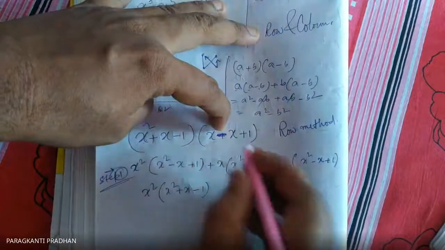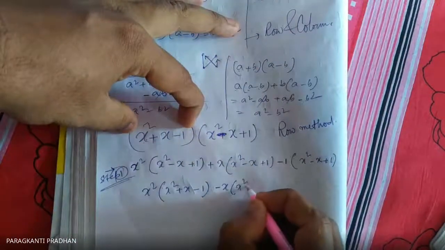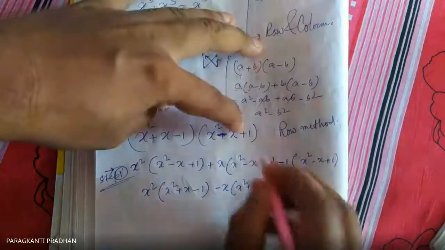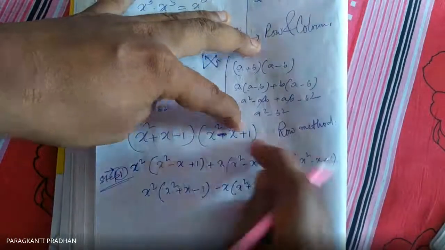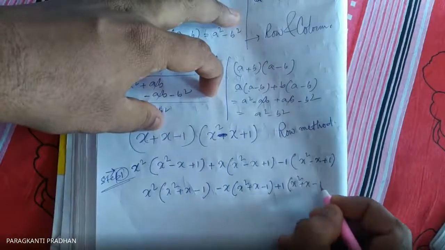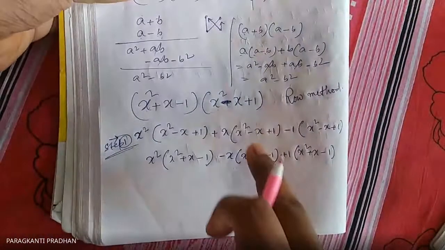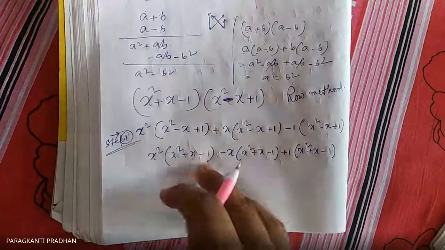Again this is minus x into this whole, this is x square plus x minus 1, or this is 1 into x square plus x minus 1. But after multiplying these two, the answer remains same.